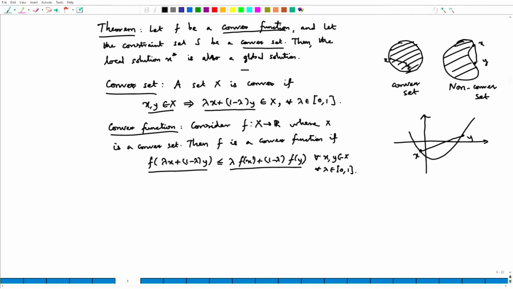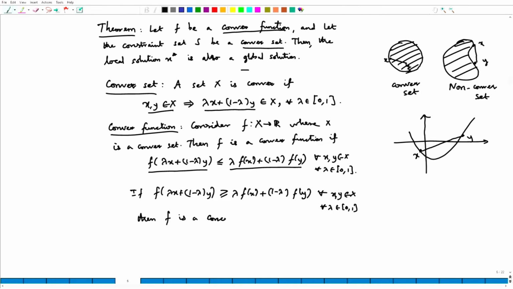If the exact reverse inequality holds, then such a function is called a concave function. So, if f of lambda x plus 1 minus lambda y is greater than or equal to lambda f of x plus 1 minus lambda f of y for all x, y in X for all lambda in 0, 1, then f is a concave function.